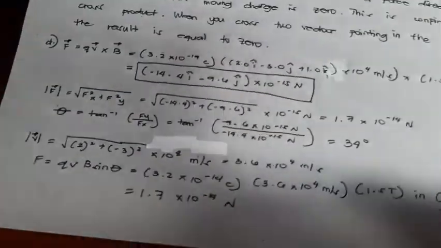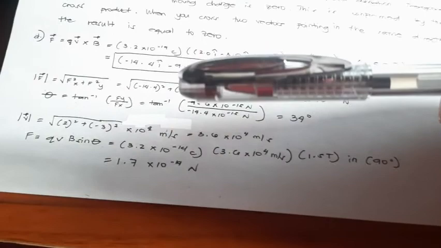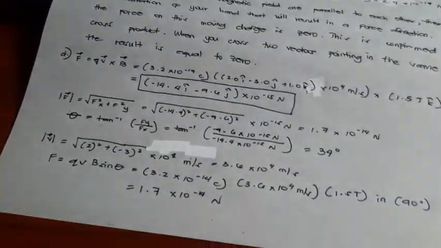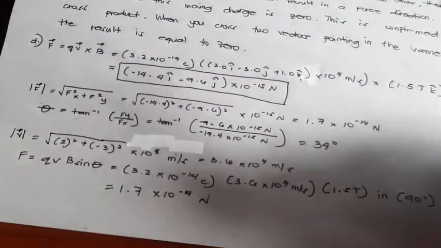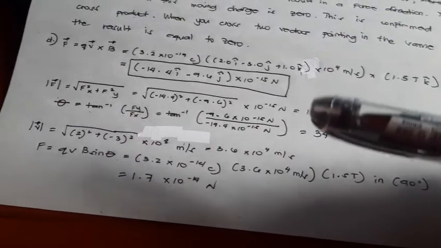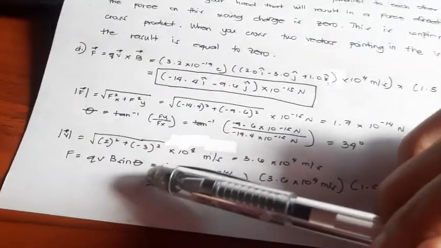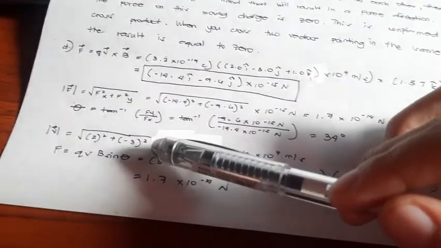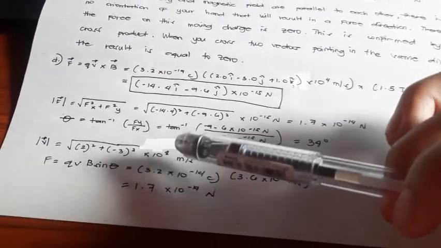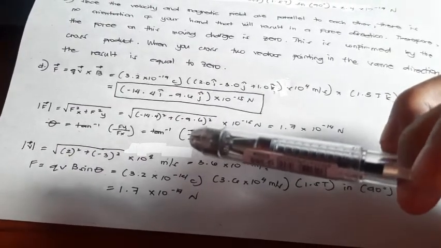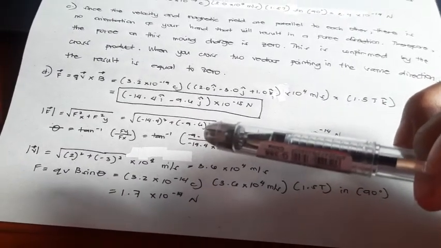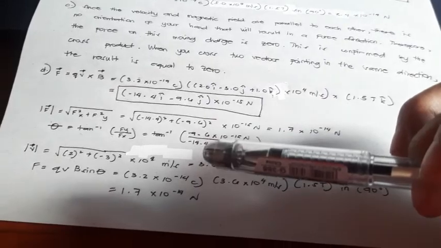So then, the magnitude of force can also be calculated. The velocity in this question, however, has three components. The Z component of the velocity can be neglected because it is parallel to the magnetic field, so it generates no force.